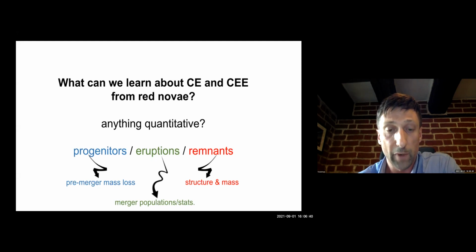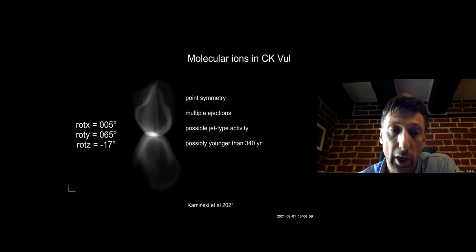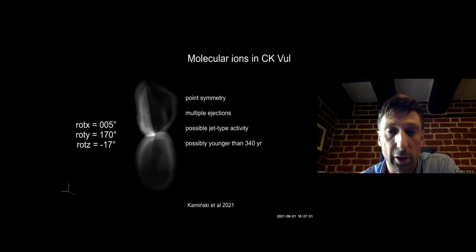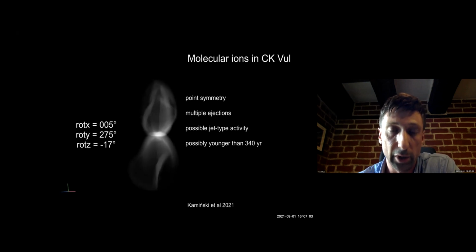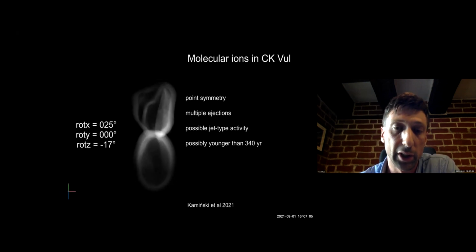Eruptions also provide a lot of information, especially about the population of those merging systems. But I am most interested in the remnants that can be observed tens or hundreds of years after the eruption. And from those, we can definitely learn something about the structure of the remnant. Here is, for instance, a reconstruction of the remnant of CK Vulpeculae, which is particularly complex.